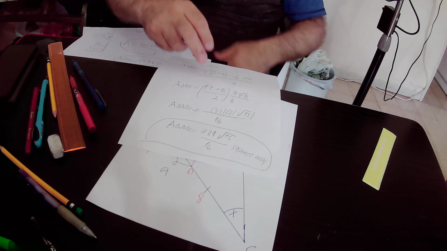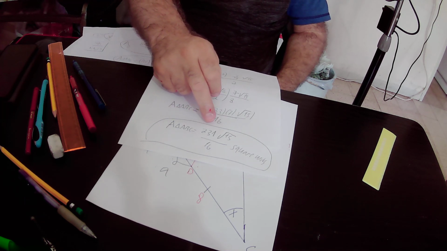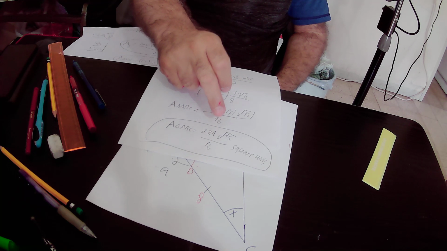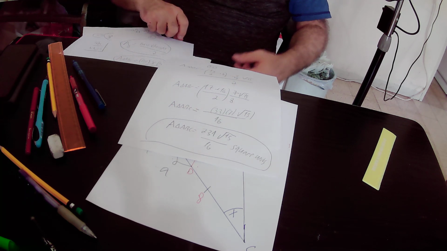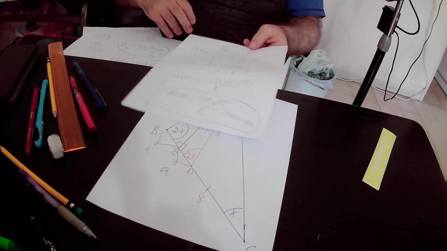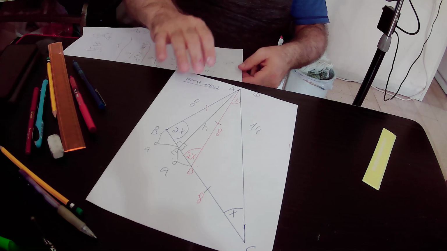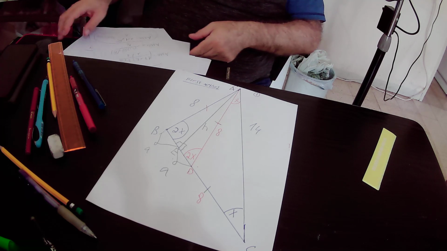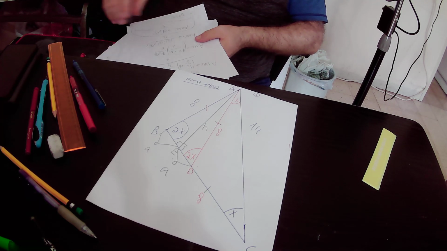Again, the area of triangle ABC equals 231 times root 15 over 16 square units. So that was the first method, the first way to find out the area of triangle ABC. Then we found out the area of triangle ABC in a second method, in a second way.